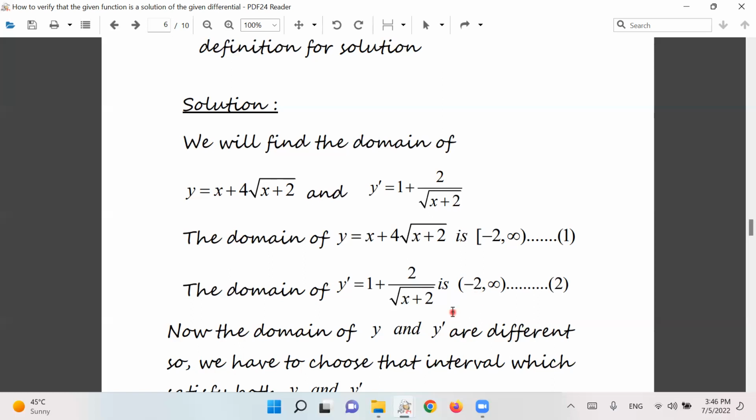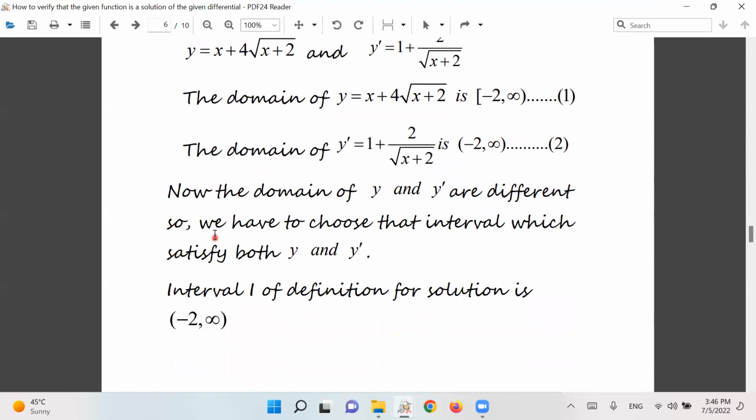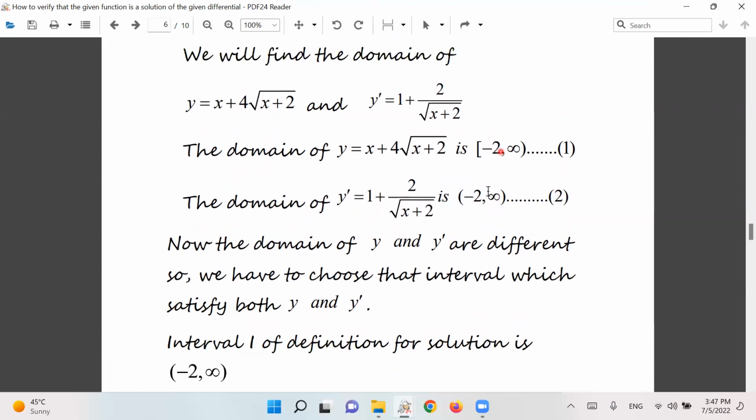So we will get the real valued function. So the domain of y dash will be equal to -1 to infinity. So -2 must not be included in this, because if we put here -2, it will become an undefined function.